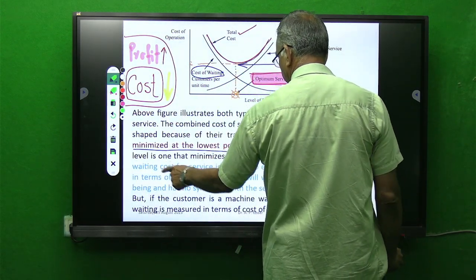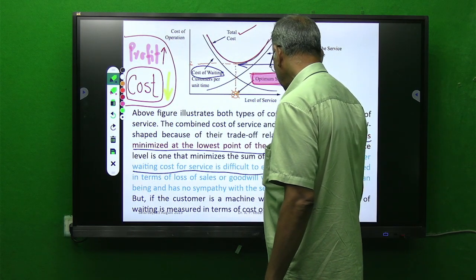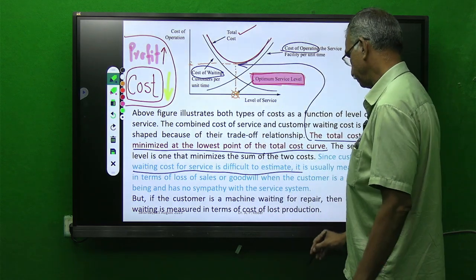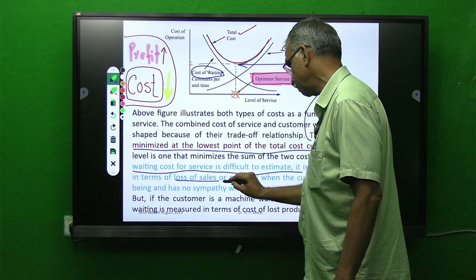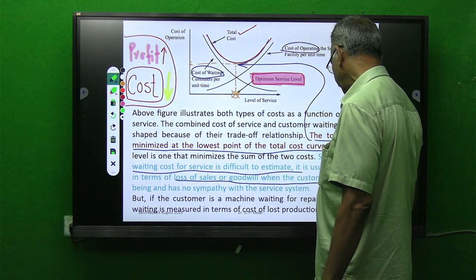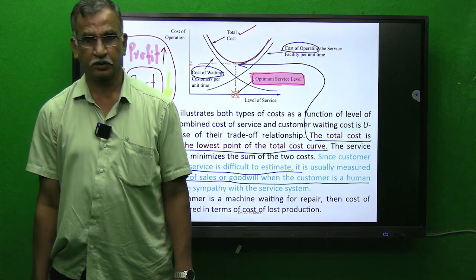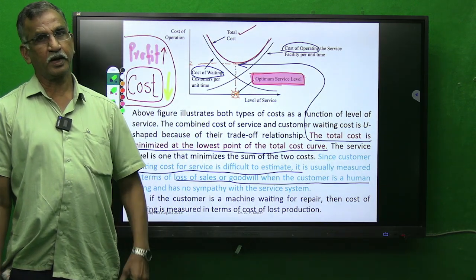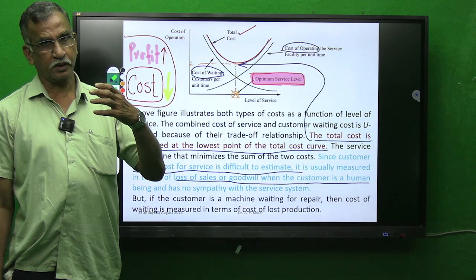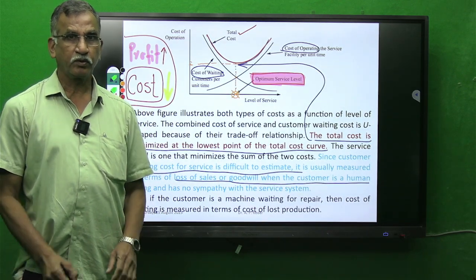Since customer waiting time for service is difficult to estimate, it is usually measured in terms of loss of sales, or goodwill. This is very important. Now if I am least bothered regarding the service time, and I assume let it go as it is, then what will happen?